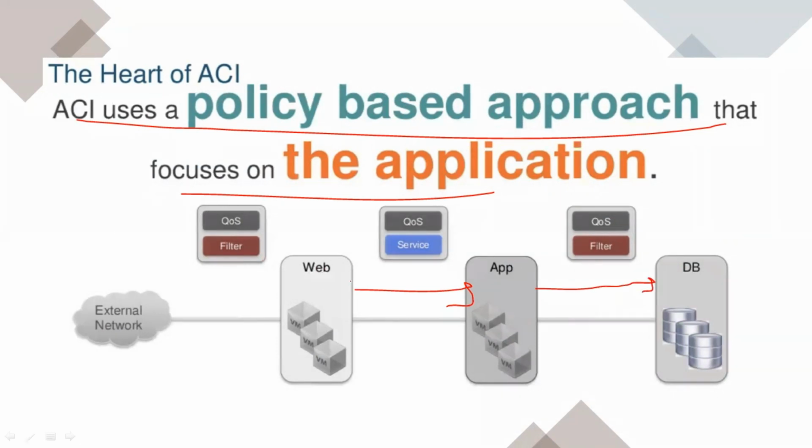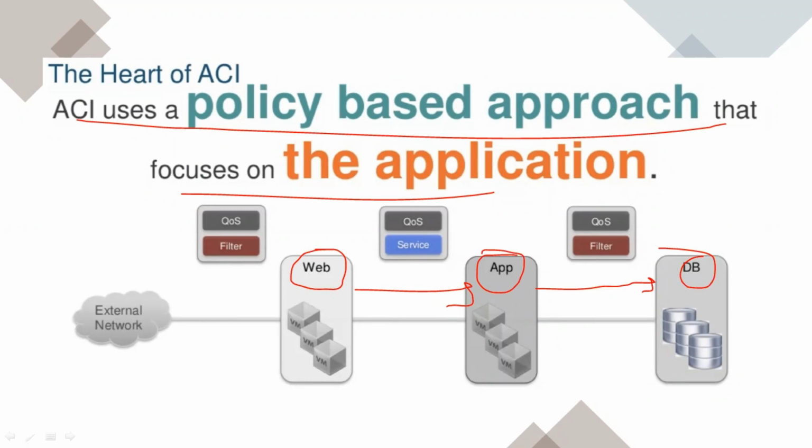In that case, I will configure three types of policy: one for the web server, one for the app server, another for the database server. So three different sets of policy. Now those policies will match the application level as well.